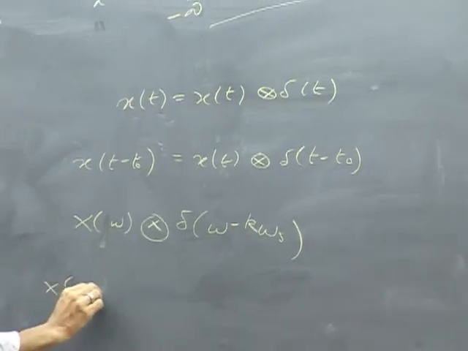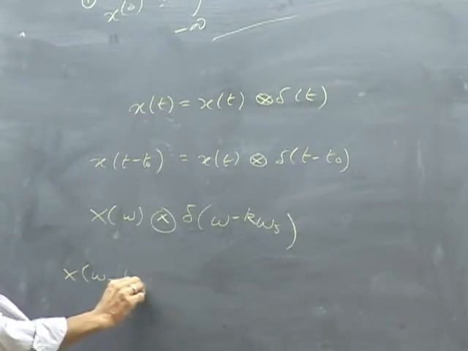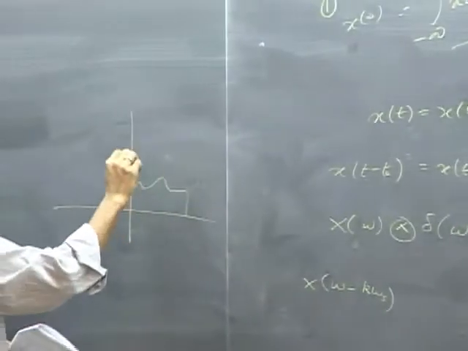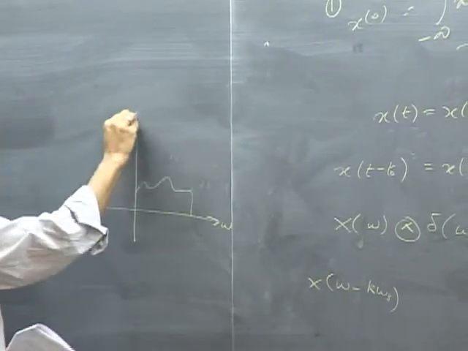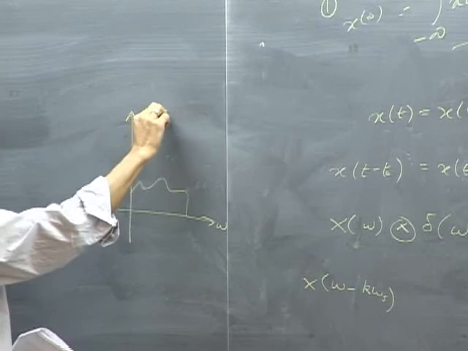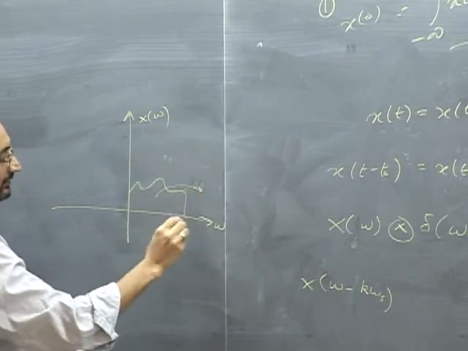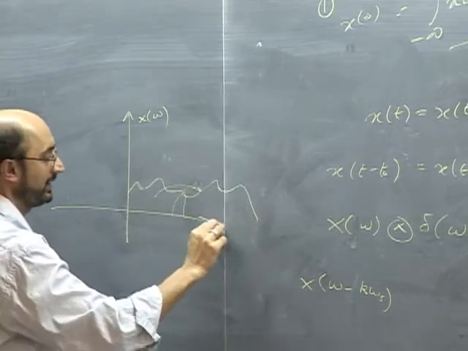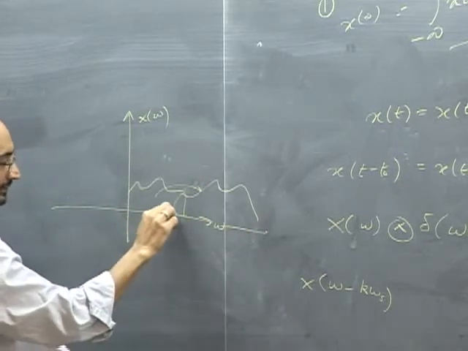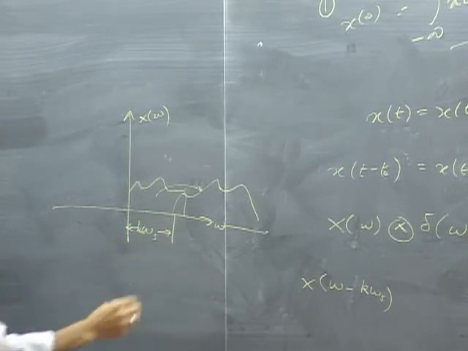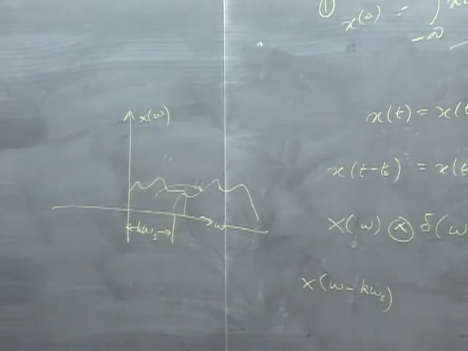If the transform looks something like this, with omega on the axis and X(omega) as the curve, then by convolving it I get the thing shifted to the right, by k omega s. The k is some integer.